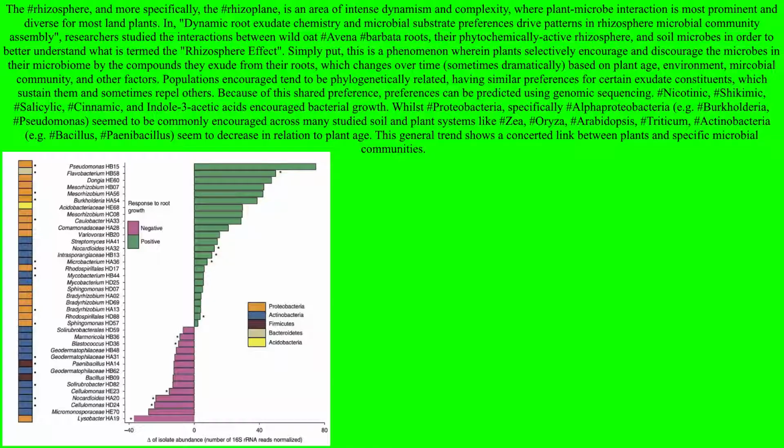Actinobacteria, for example, Bacillus, Paenibacillus, seem to decrease in relation to plant age. The general trend shows a concerted link between plants and specific microbial communities.